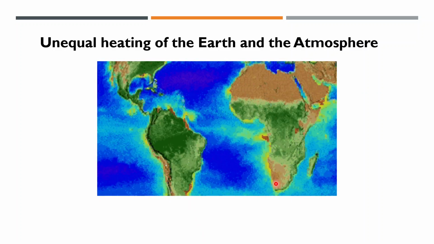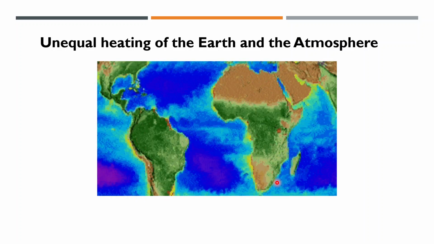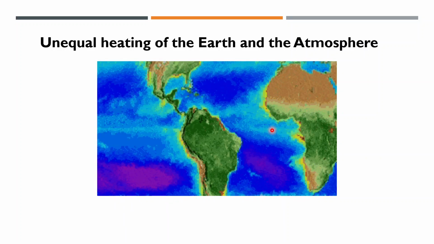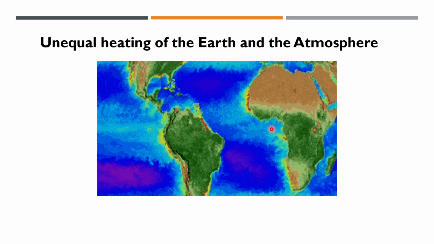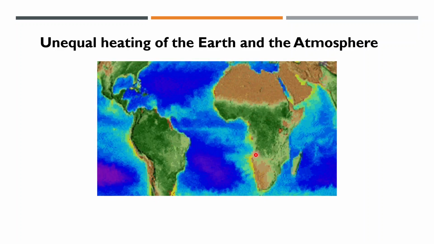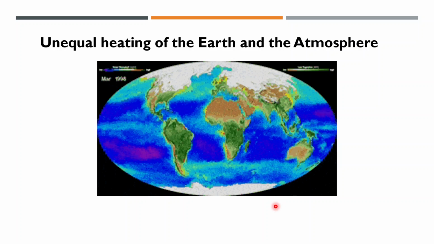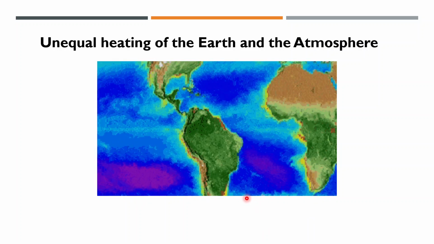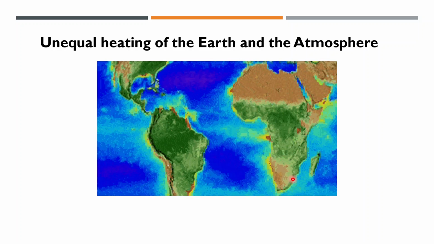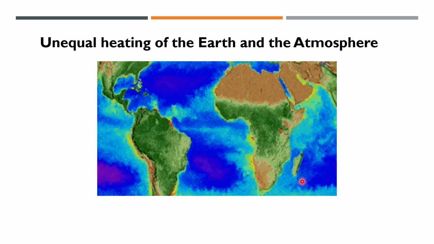And because of this differential heating, the heated air at the equator becomes lighter and rises, while the polar regions, which are very cold, the air over here sinks, forming high pressure areas.